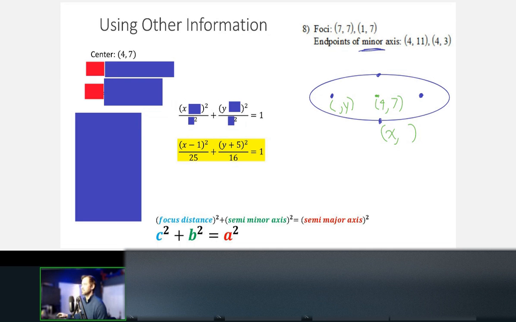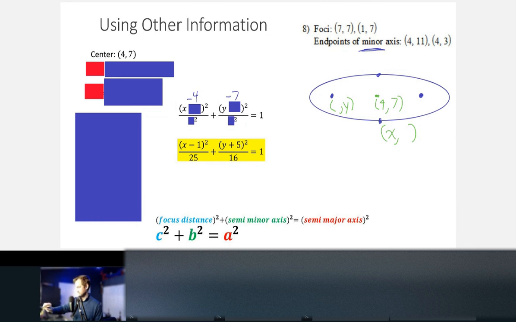So it is 4,7. So we know that this is going to be a 4 right here, and this is going to be a 7 right there.